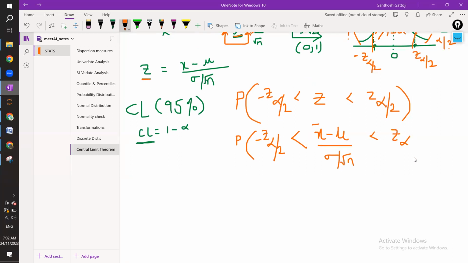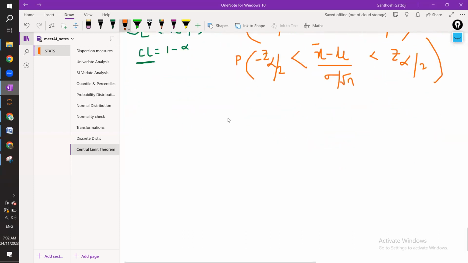In other words, we are asking what is the probability to catch our z score, x bar minus mu by rho by root n, in between minus z alpha by 2 and plus z alpha by 2.